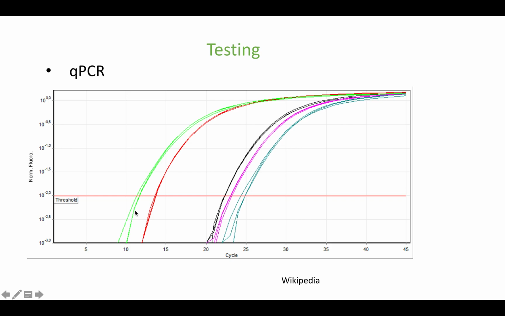So all these tests, they always run a control, in that they run a sample that is from someone that they know is positive, and they run a sample that they know is negative, in that, for example, it doesn't have any viral RNA converted into DNA in it at all. They don't put anything in there to know that their test is working okay.